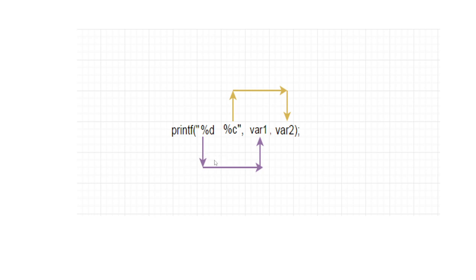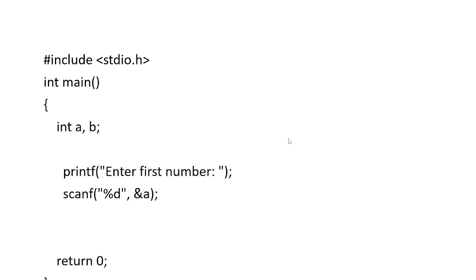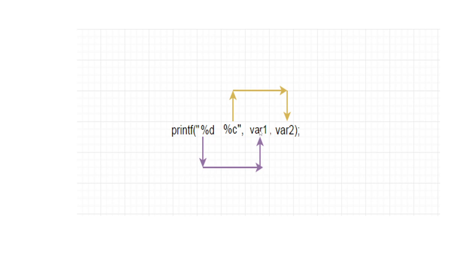So how does this printf function work? In printf we can display variable values. So these are variable 1 and variable 2, and to display them, this is an integer type of variable, that's why we have written %d, and this is a character variable, that's why it is %c.